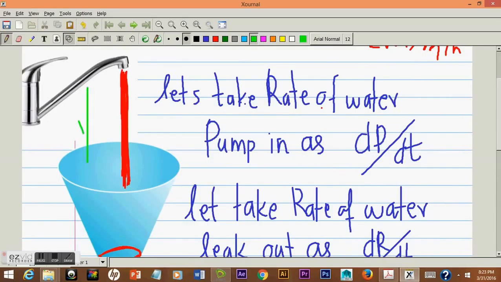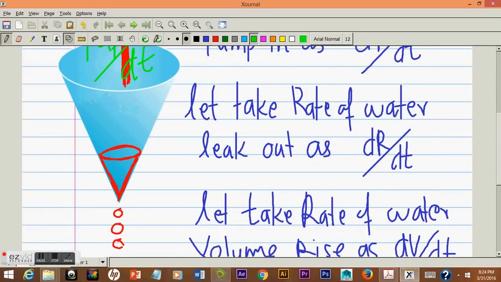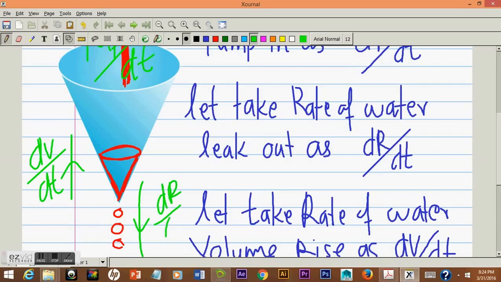After that, we are going to mark it. Here we are going to demonstrate. This is dP by dt, that means water pumped in. Then here we have to mark the water level rising, dV by dt, and again the water which is leaking out, that is dr by dt.